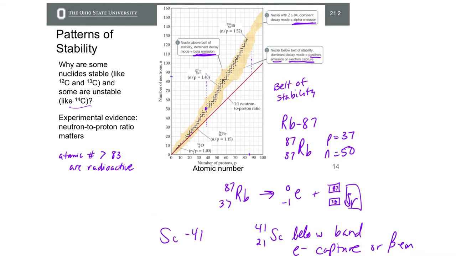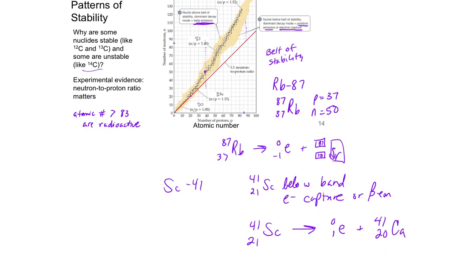Questions on any of that? Okay. Yes. Which is the most dangerous? Gamma radiation's not great. What's that? I mean, if this were dangerous, I think this is alpha emission.